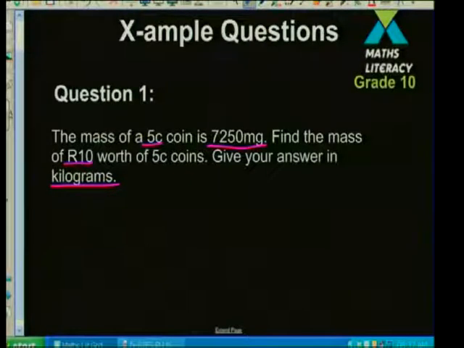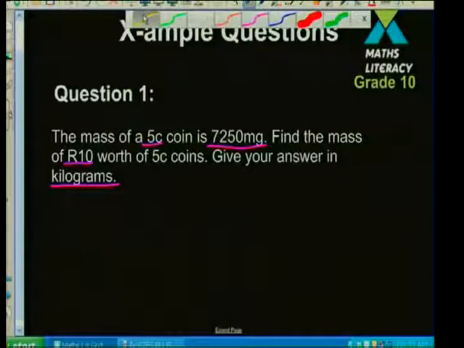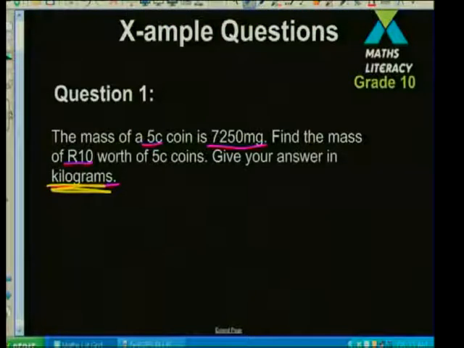Now this is an important fact. I always want you to read the question carefully and check what do they want the answer in, because you need to keep that in the back of your mind that the question wants a specific answer, and in this case it was kilograms. So if possible, we're going to convert to kilograms as soon as possible because it'll just make it easier for us.